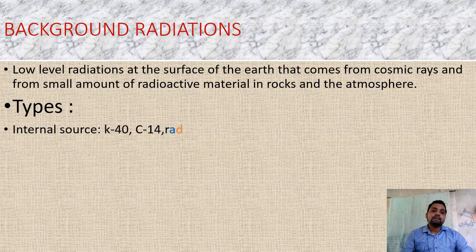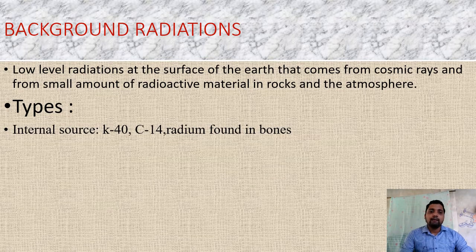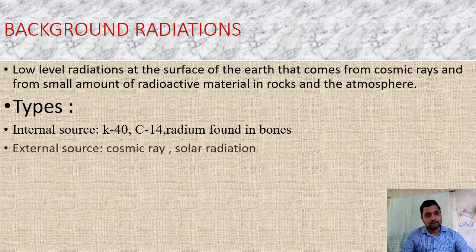One is the internal source, where potassium-40 and carbon-14 are present in every part of our body, and radium is found in bones, so it has a harmful effect on our bones. In the external source we have cosmic rays and solar radiation. When we are exposed to all this, it can give different harmful diseases to our body. The effect is greater when gamma radiation comes out from any radioactive substance, because it has very high penetrating power.